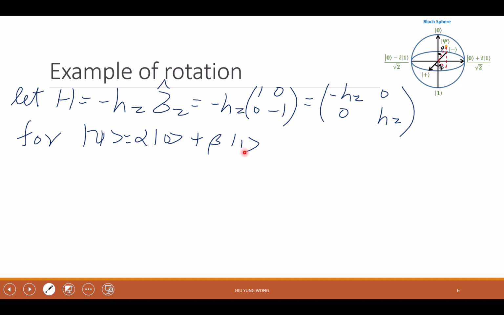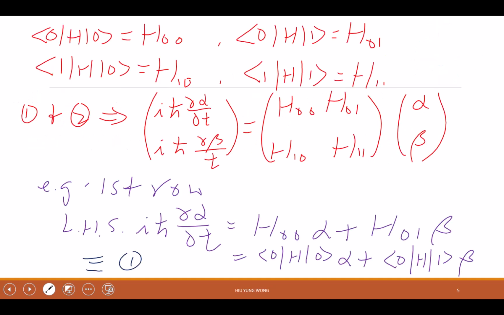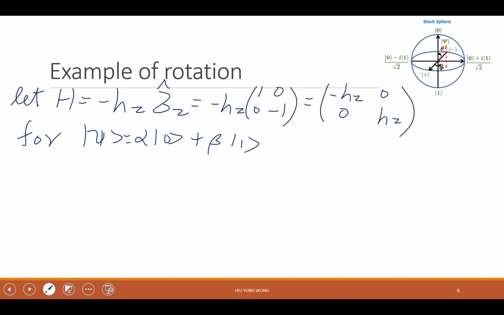Not a general example. This is a particular example for H, because your H can be anything. H is a 2 by 2 matrix. HC is just a general scalar, just a number. So it relates to the strength of your external field.